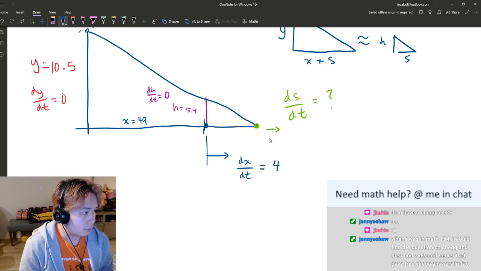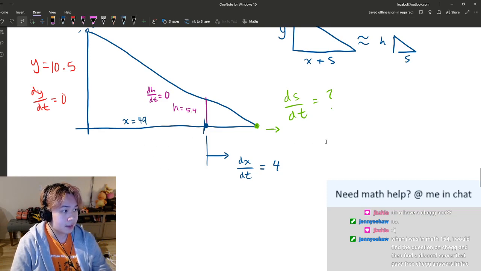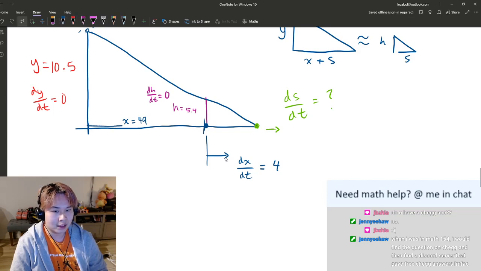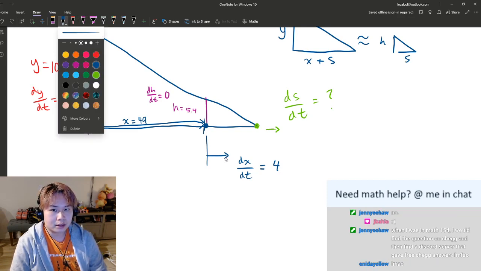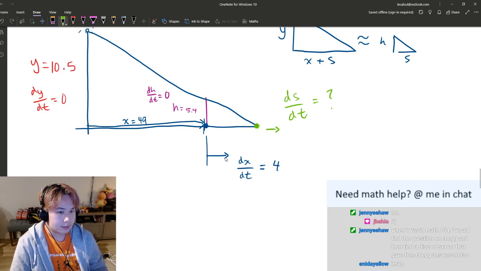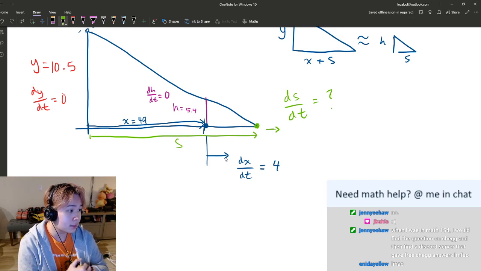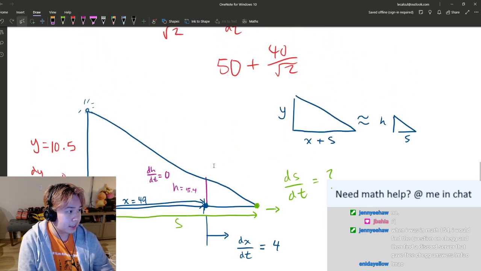We made a mistake about what S represents. Notice that the rate that the person is moving, this 4, represents this total distance, or that's related to this variable x right here. So it makes sense that the shadow, the ds/dt, should be related to this distance for s. So this should have been s. I think that changes our setup a little bit.